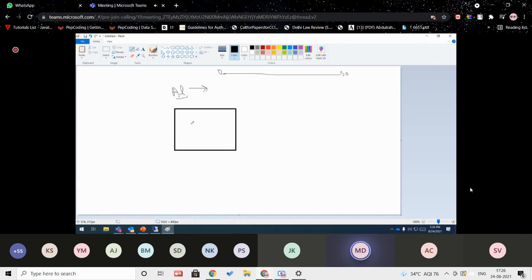Let's suppose this is one element, and you have another element connected to it, element number 2. Your solver will start from here, and it has to go from here to here. Then only can it give you the result of the element, what is happening.